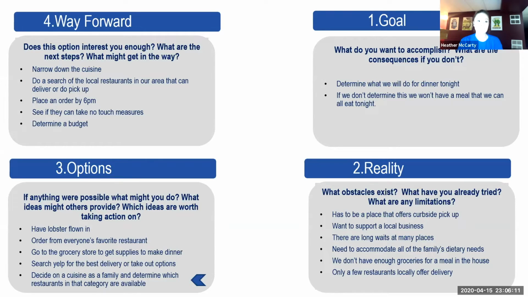So if I, with my family, narrow down a cuisine, spend some time searching to find local businesses that can do delivery or pickup, ensure that it stays within my budget, and that we can order by 6 p.m., I would see, yes, that will mean that we will be able to have dinner tonight and that everyone's needs will be met. So this is an example of how you might utilize the GROW model.